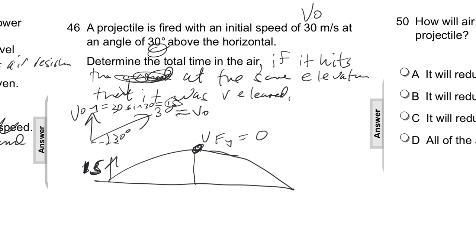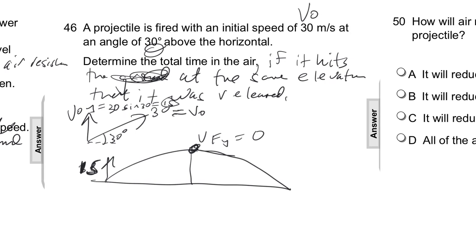Okay, so A equals VF minus VO over T. I'm using the Y components.